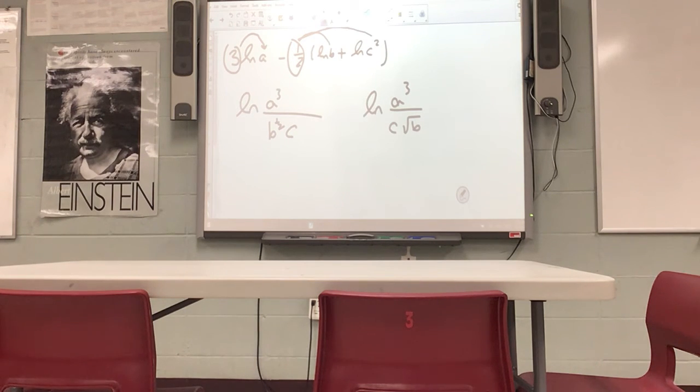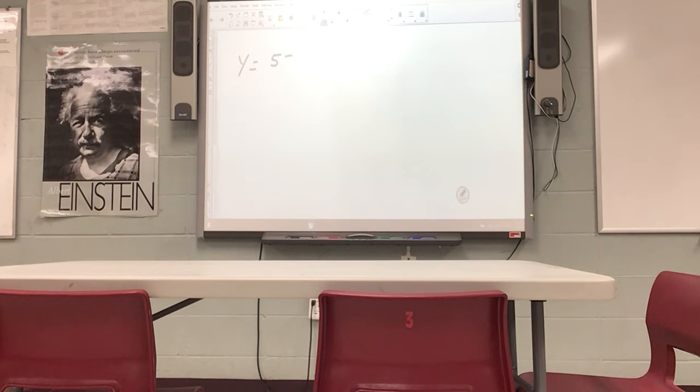Alright, 18's a fun one, lawnmower talk. I always like to talk about lawnmowers. Says the sales of lawnmowers T years after a particular model is introduced is given by this function. Y equals 5,500 times the natural log of 9t plus 4.